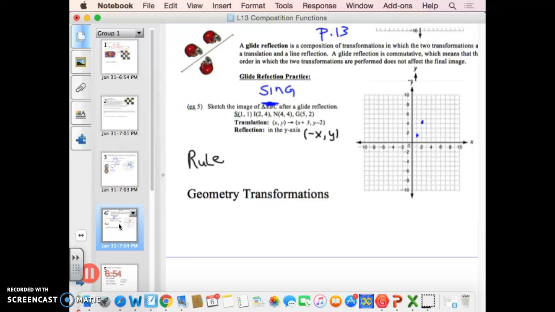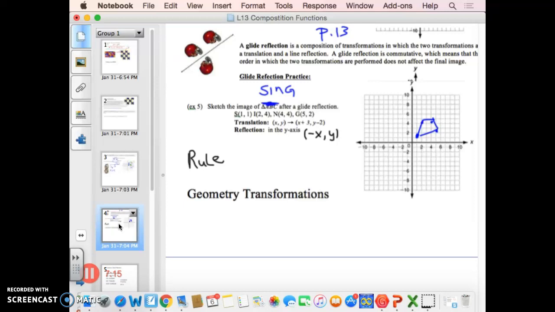N is at 4, 4. And G is at 5, 2. So there's SING right now.